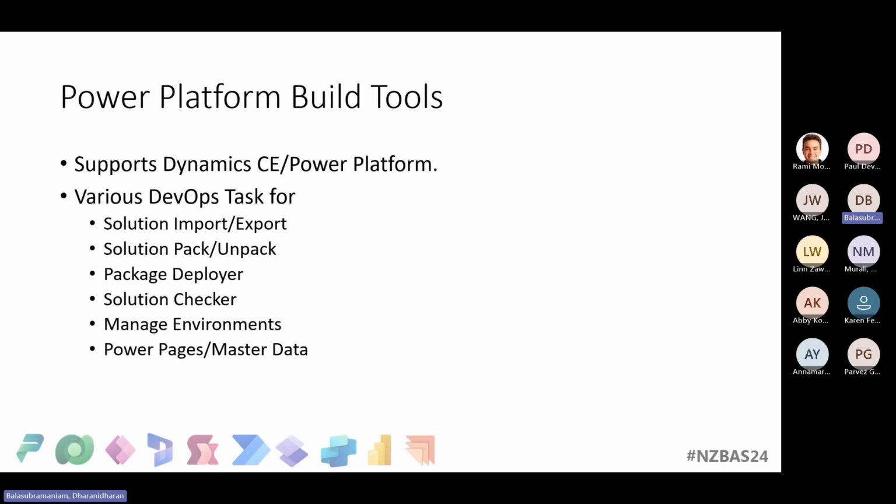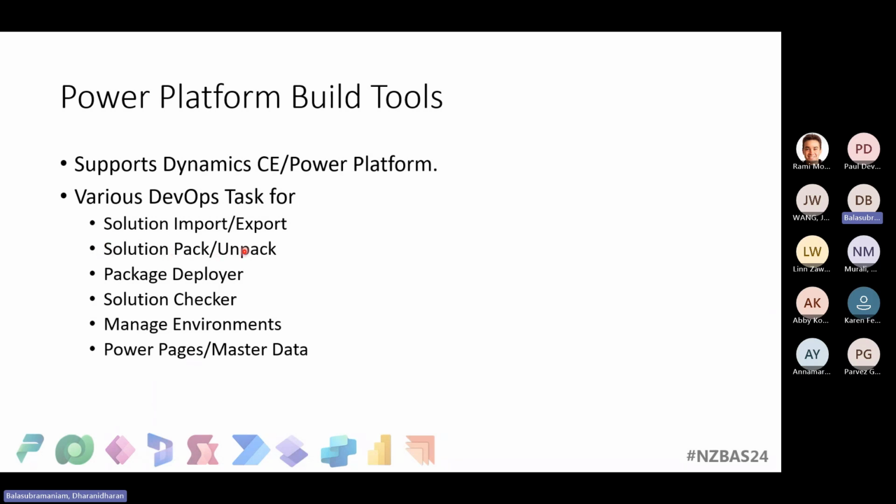Some of the main DevOps tasks provided by the Power Platform build tools include the solution import and export. This allows us to automatically export a solution from one environment and import it into another environment. This is essential for moving the work from development to testing or to a production environment.